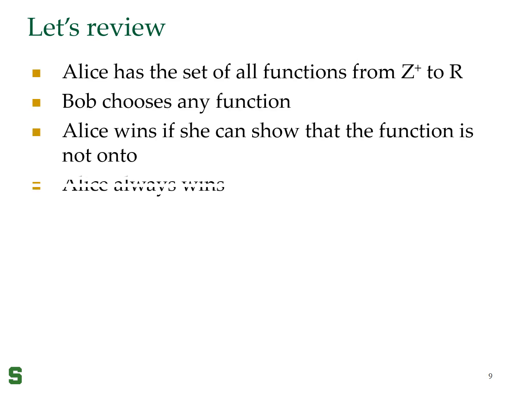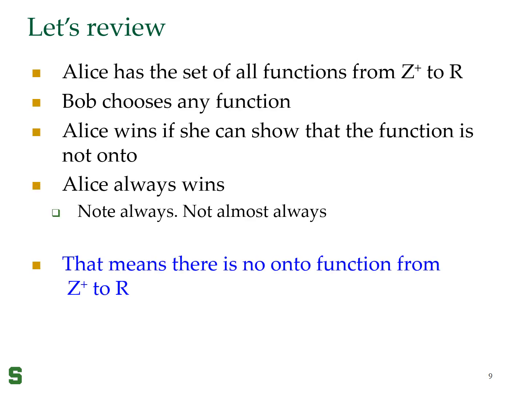So let's review. Alice has a box of functions from Z plus to R. Bob chooses any function. Alice wins if she can show the function is not onto. Alice always wins, once again, and I will say this many times. She always wins. She doesn't almost always win because that's not the same thing.